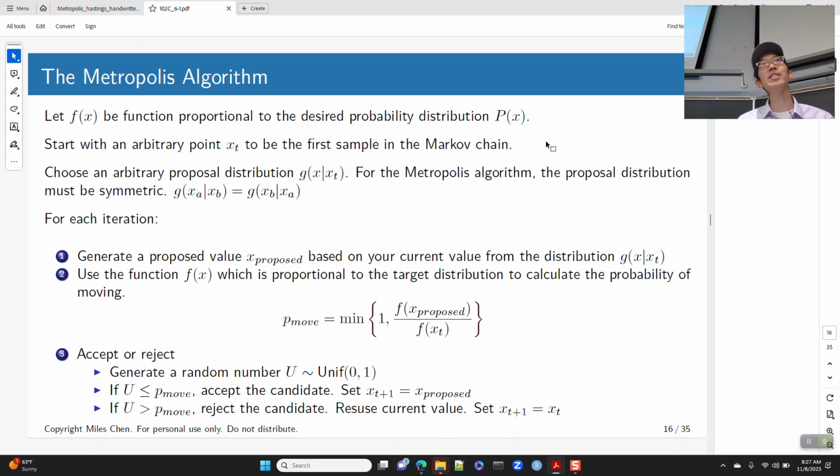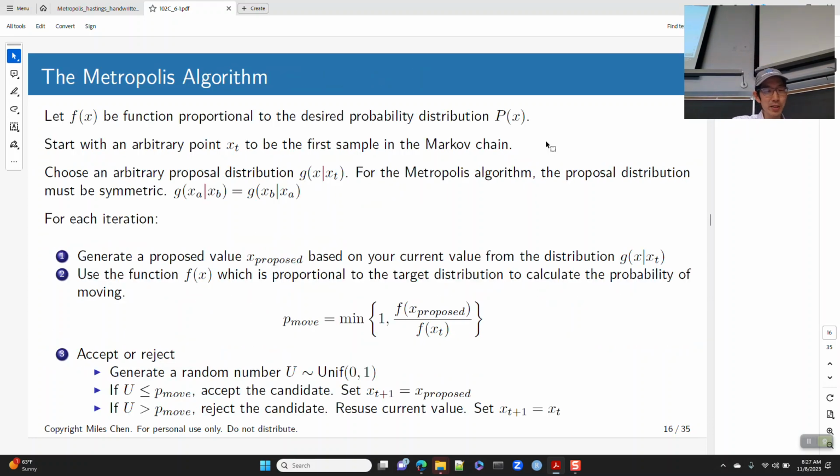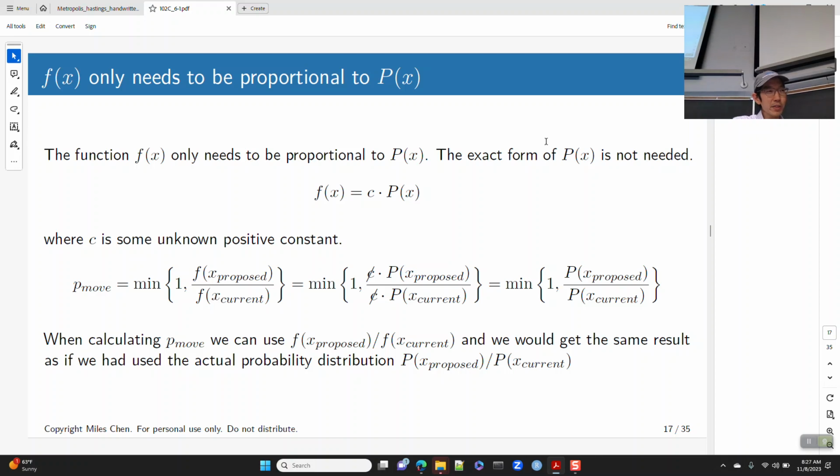You don't actually need the exact PDF, you just need something proportional to it. And that's very handy. So I'm going to skip ahead to this slide, and then I'll come back to this one. This function f of x only needs to be proportional to p of x. The exact form of p of x, so that it integrates to 1, is not actually needed. You just need something proportional to it.